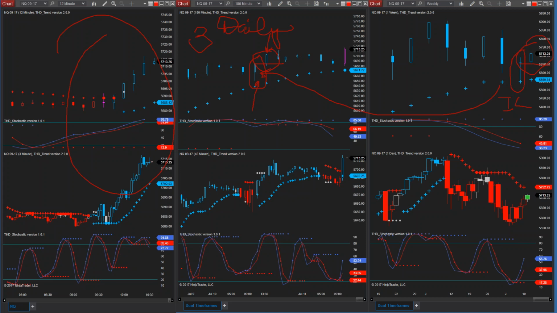Does everybody understand that? Because that bar told you that this week was going to go up. What will stop it from going up? That ATR right here on the daily chart. And that's what you're going to have to watch out for.